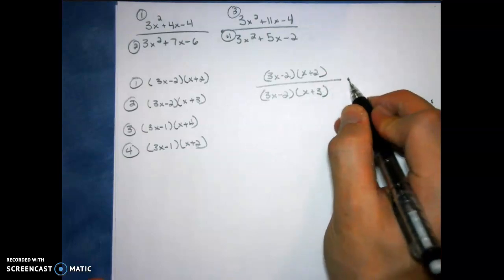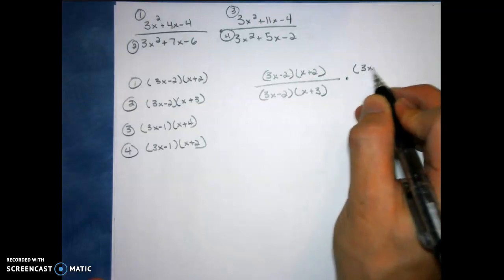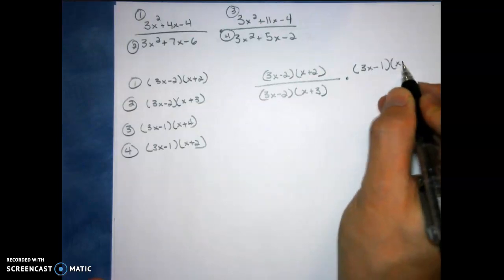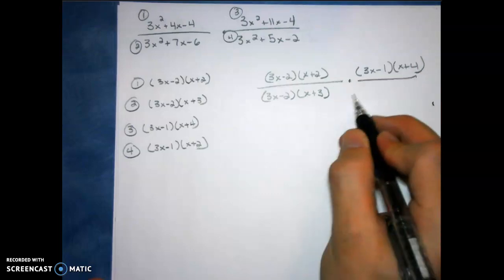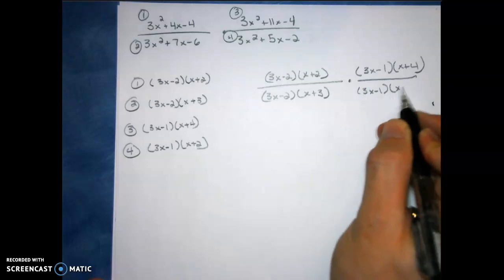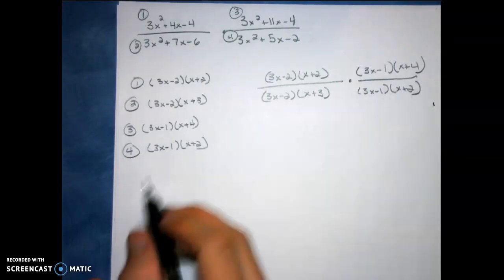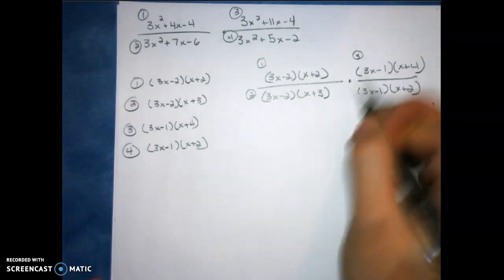And then we're multiplying. We get 3x minus 1, x plus 4 over 3x minus 1. Right, so this is my 1, 2, 3.